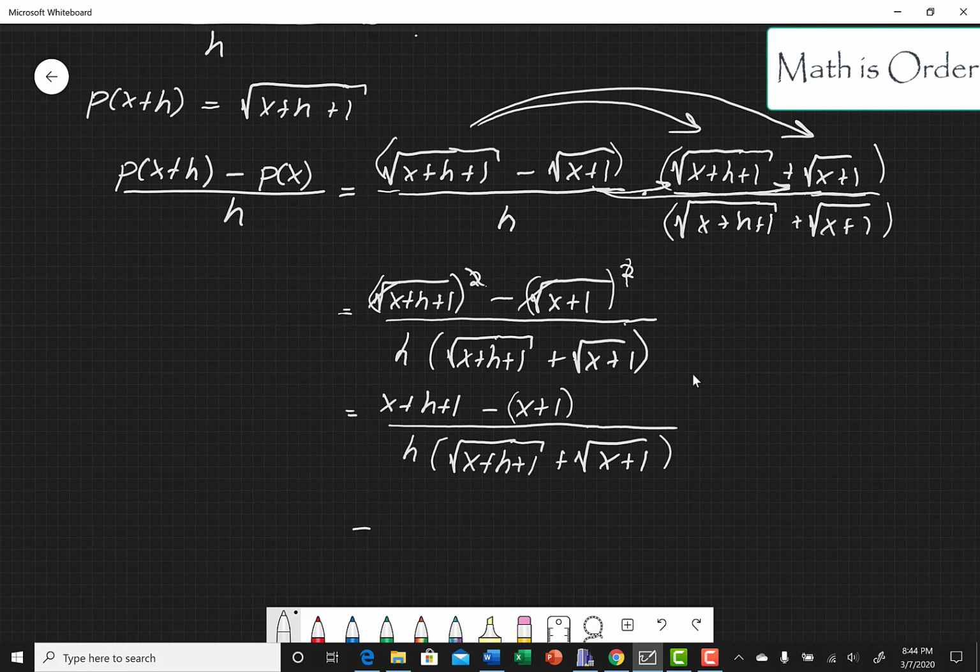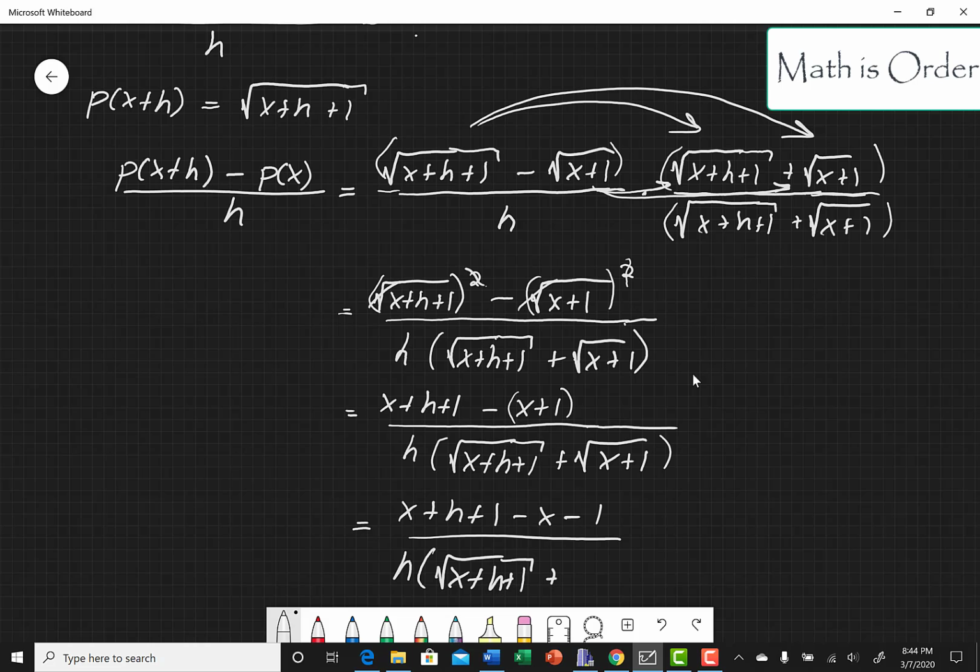So this is giving us now x plus h plus 1 minus x minus 1, and the denominator, which is h times square root of x plus h plus 1 plus square root of x plus 1.